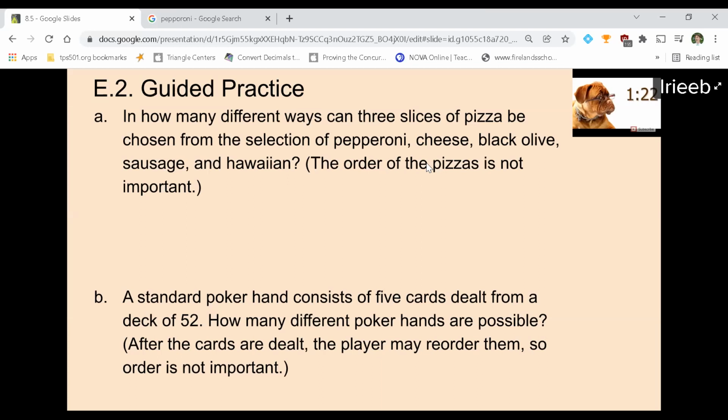This order could be cheese, pepperoni, black olive, or pepperoni, cheese, black olive. In which case you have to double count stuff. So you want to do this. 5, choose 3, 5 combinations. 5 C3.